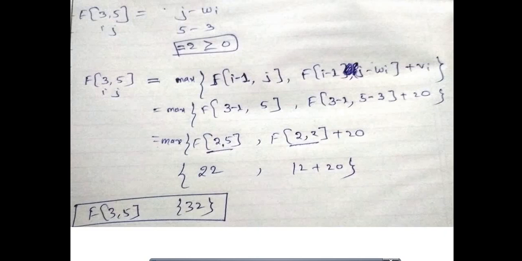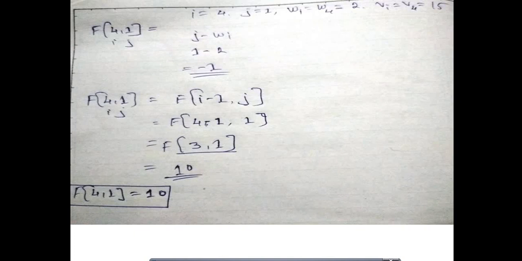Now fourth row first column. See, this one is a negative number, so use the small formula. 4 minus 1 is 3, J value is 1, so 3 comma 1. Third row first column, what is the answer? Check in your table, that is 10.